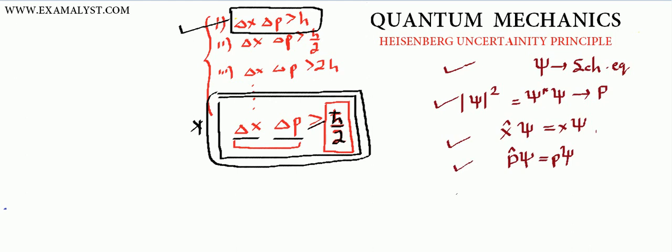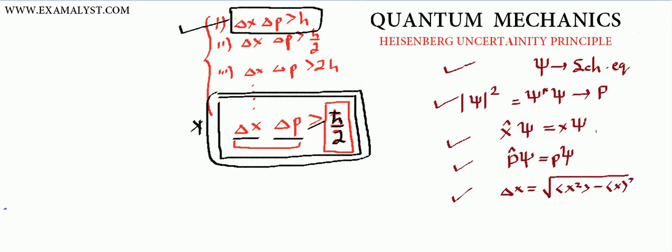What else have we studied? We have also studied the standard deviation. We learned that the uncertainty in position is given by the standard deviation formula, which equals the root of the expectation value of x squared minus the square of the expectation value of x.